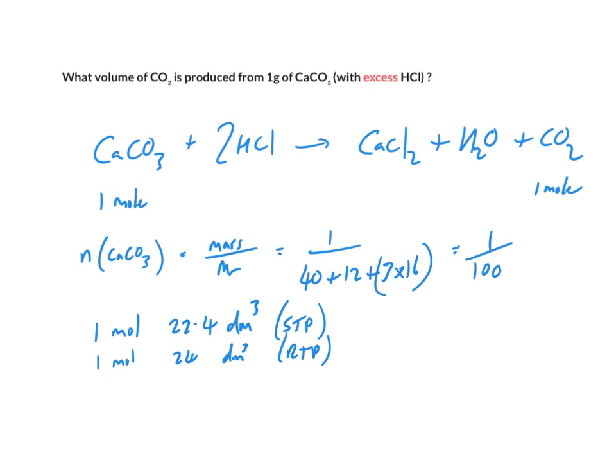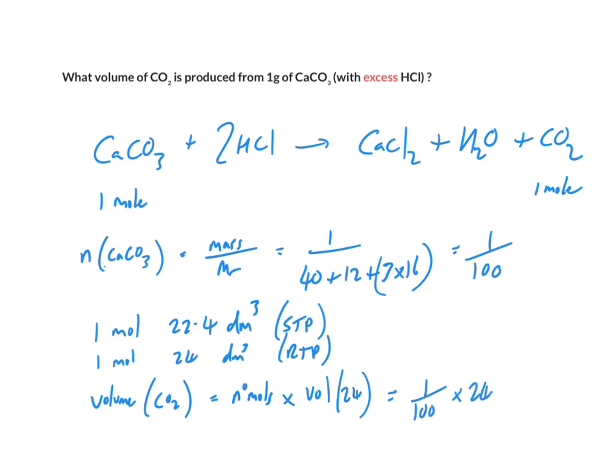So in this case, the number of moles of carbon dioxide is 1/100th, and therefore the volume of carbon dioxide would be number of moles times volume of 1 mole, which is 24 litres, is 1/100th of a mole times 24 dm³, which is 24,000 cubic centimetres, 240 cubic centimetres.